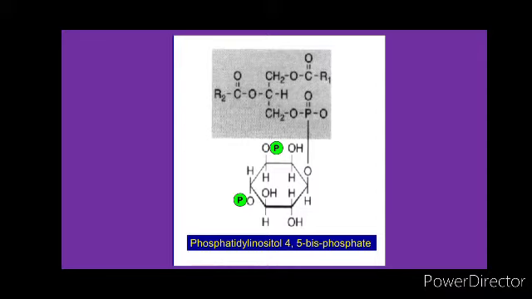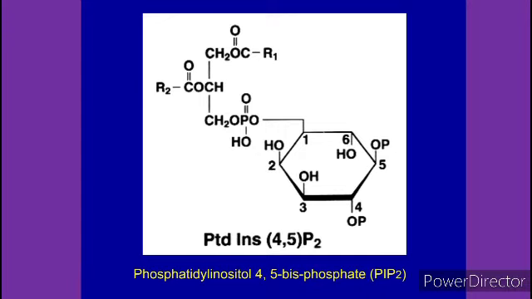So this molecule, in another representation, has a lipid part and a head group, again abbreviated PIP2, the common abbreviation. I want you to envision this molecule without the breakage there.